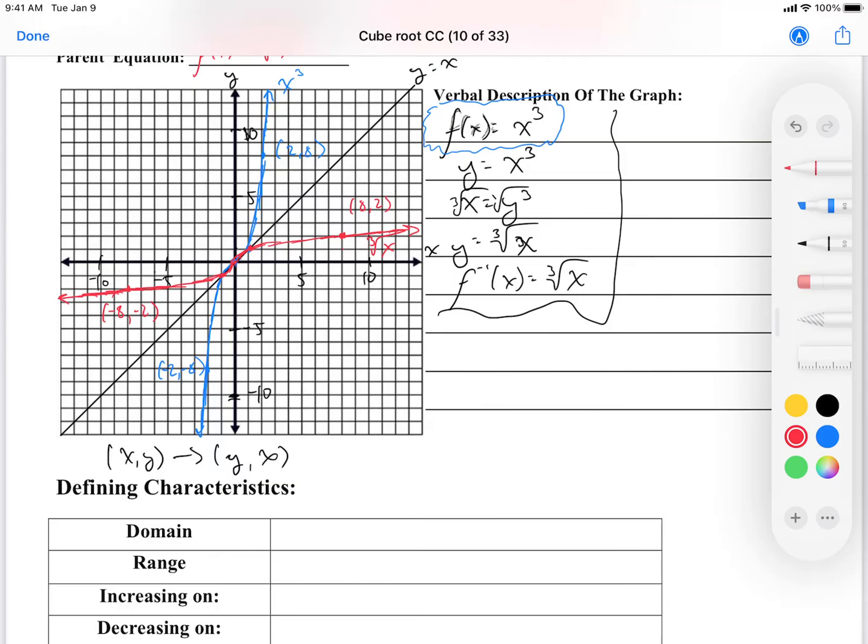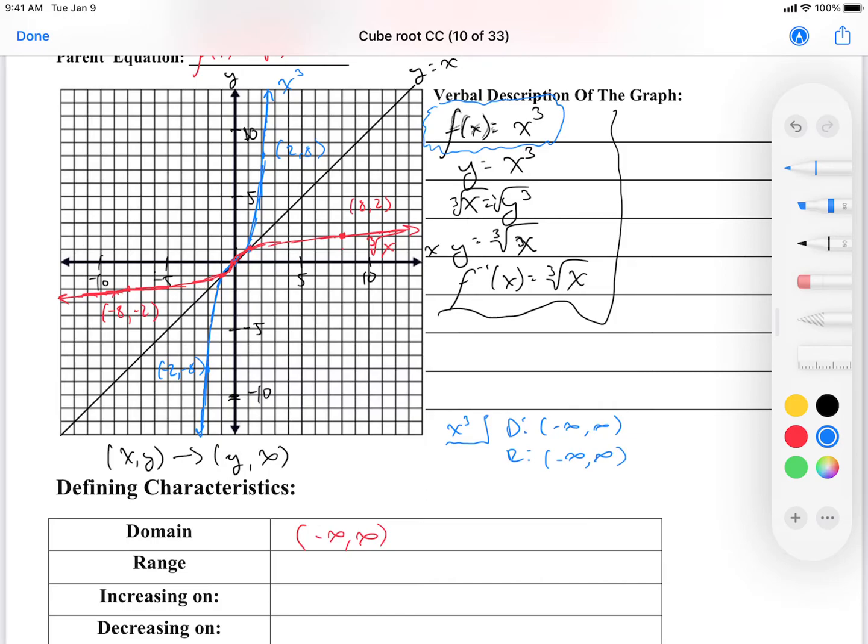Remember the terminology we use: we go from -infinity to +infinity. If I look at the domain for x cubed, my domain for x cubed is -infinity to +infinity, and the range is -infinity to +infinity.